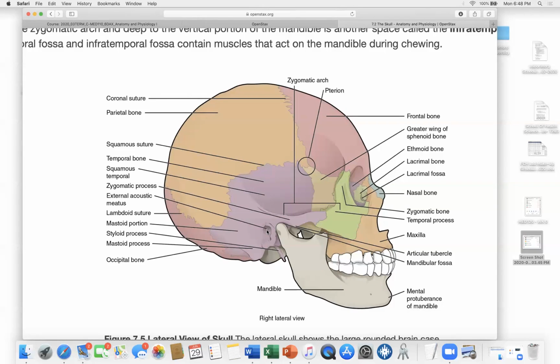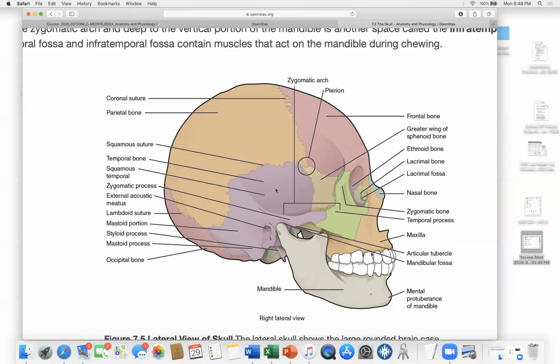So that's your external acoustic meatus. So that's going to lead into your inner ear, okay? What else you got? I already mentioned zygomatic, which is your cheek. Now you have your sphenoid, which is part of the inside of your skull. And then when you look a little inside on the inside of your eyeball, that's your ethmoid.